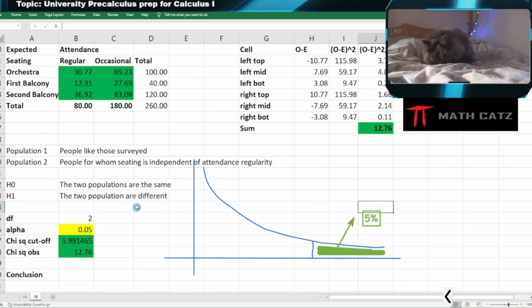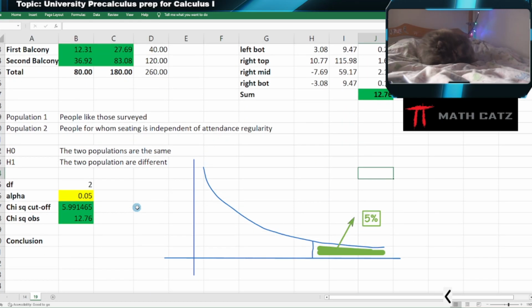So let's write that up. Let's put it over there maybe, like so. And we can again say reject, like before, reject the null hypothesis because, and you can write this in yourself, because the observed chi-squared is greater than the cutoff at our significance level.